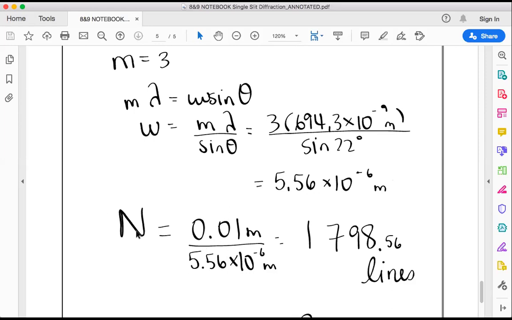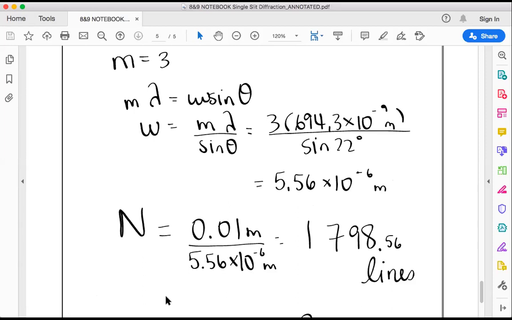You don't have to do unit analysis for something that maybe is intuitive, but I think it is easier for me to say, well, I've got 1 centimeter in total, and it's this spacing between the lines.